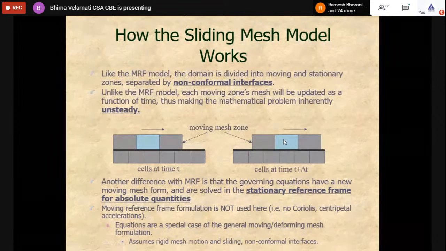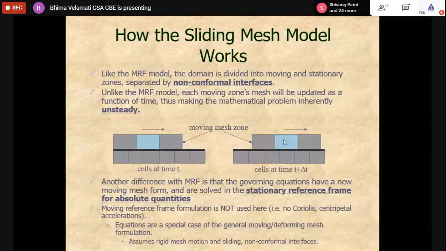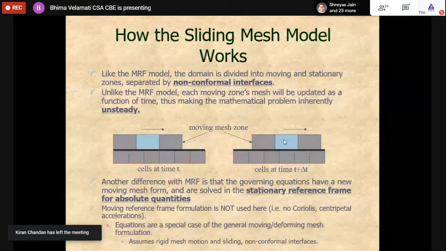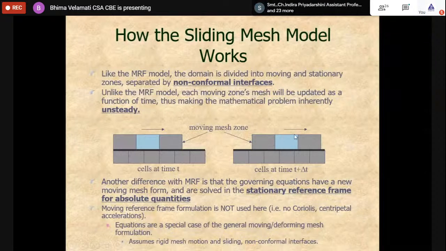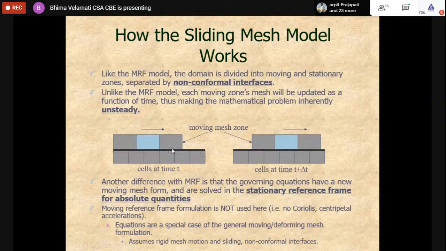So if I have to specify either the translating velocity or the rotating velocity with respect to time, if I mention that, then I know how this grid, if you take the blue one, how much distance it will move with a given time, t plus delta t. Okay, and then I can interpolate the solution properly at the interface.